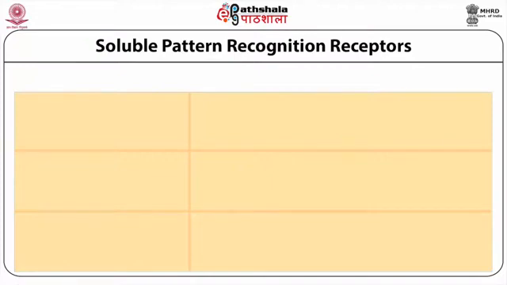So far, what we have talked about are the pattern recognition receptors which are present as integral proteins on the cell surface as a part of the biomembranes of the host. There are various pattern recognition receptors which are soluble in nature. Many soluble proteins recognize what are known as pathogen associated molecular patterns, in abbreviated form called PMPs.